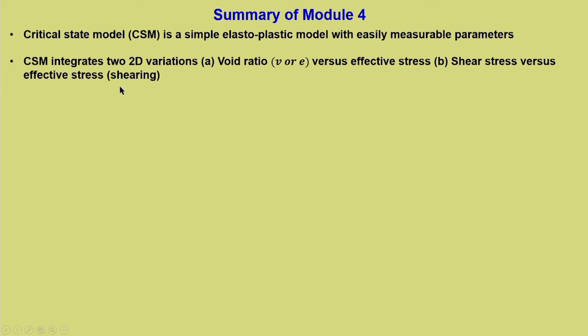Now, probably you will understand the uniqueness of these two. Like the one dimensional consolidation, it shows how the volumetric changes happen and how the yield curve expands, or the reference yield curve, depending upon the pre-consolidation pressure or the yield stress, where the shear stress developed is 0 or negligible.